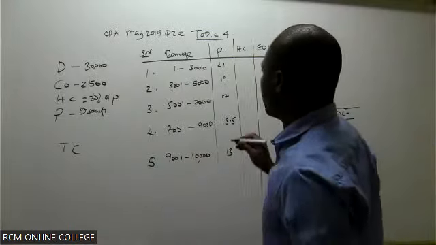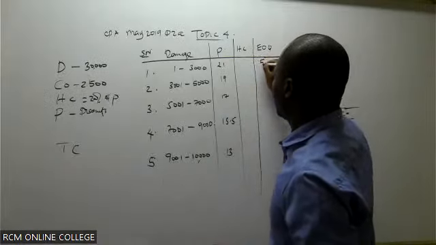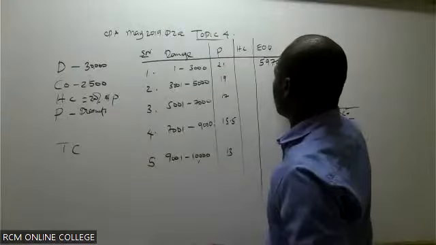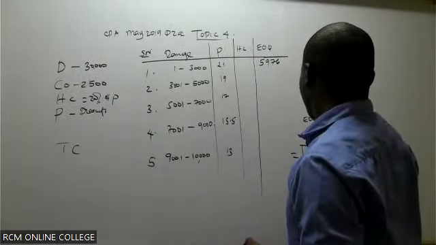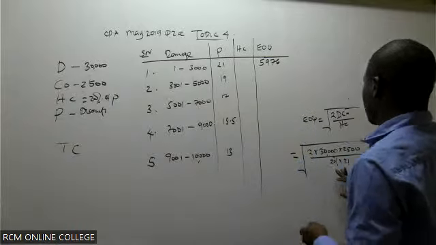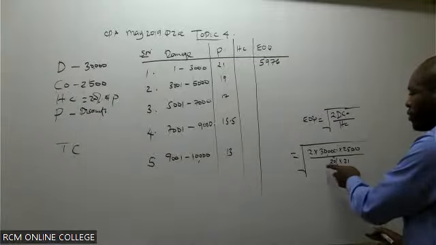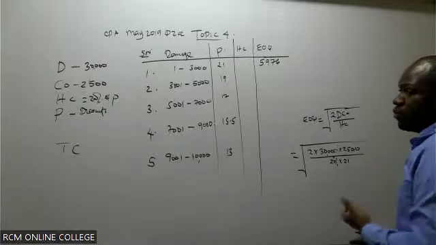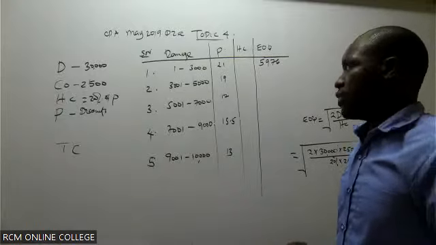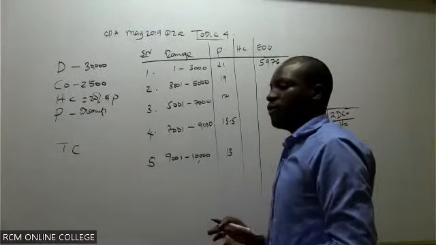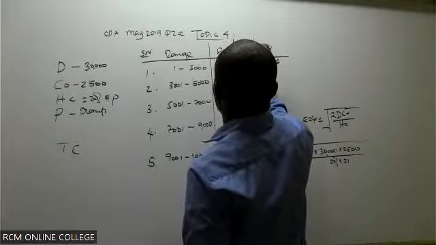We can just give them to the nearest whole number. How about this holding cost? I want us to calculate it here and forget about it as we move forward. That is 20% of 21. What do we get? 4.8.